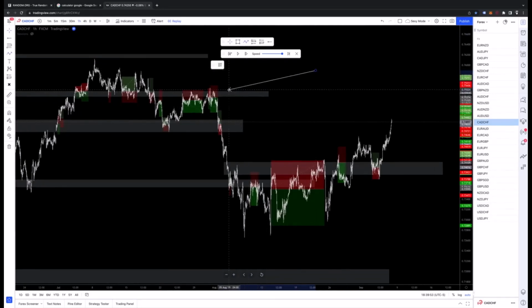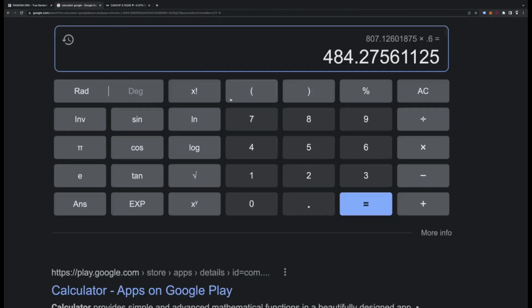Things like a little pin past the zone barely takes us out, and then we ran pretty much to the profit target. Things like that, where the pin takes us out and it goes up, are just a part of trading, and you just got to accept it.